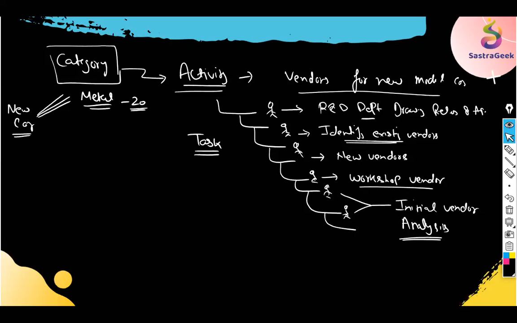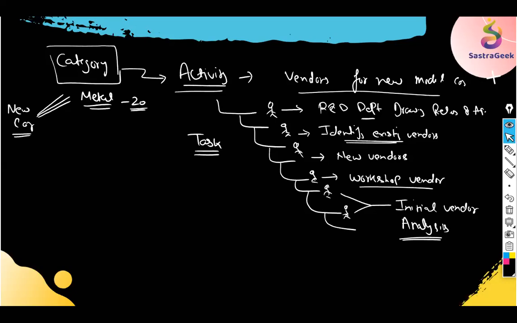They are in good financial condition, and their quality standards and legal standards have been maintained. They have all the compliance certifications and technical certifications available with them which we require. So those kinds of analysis they would be doing. So these can be the tasks which need to be done.